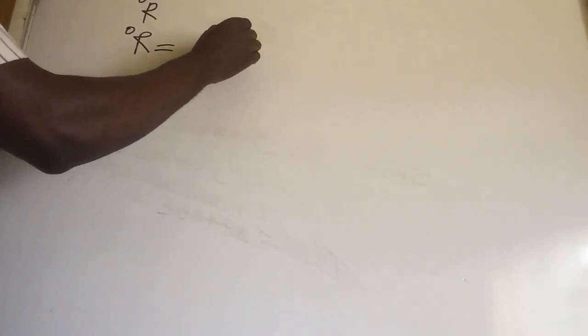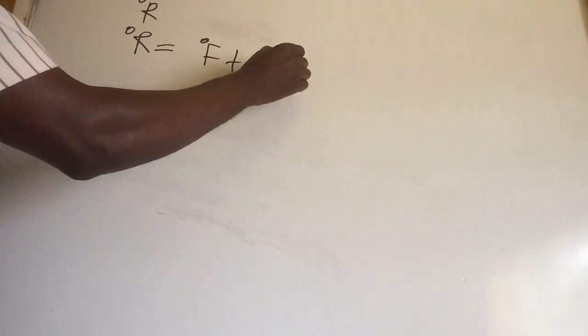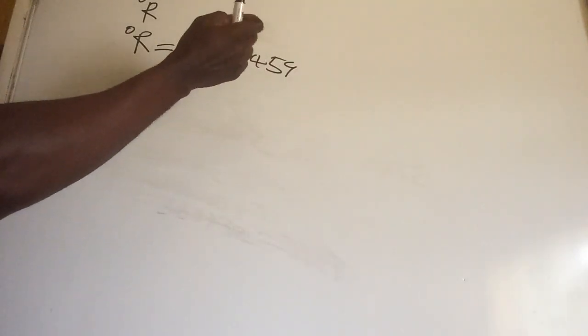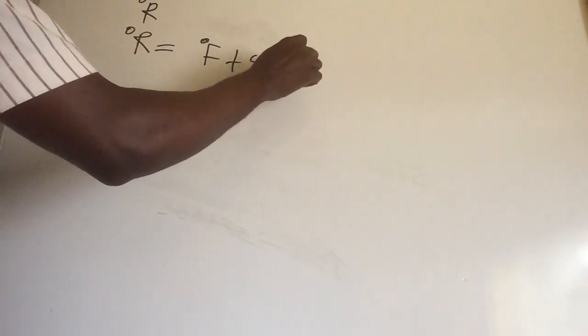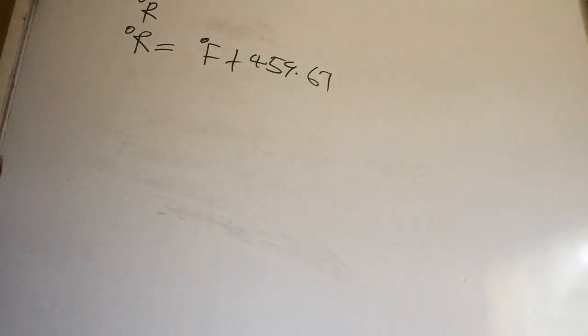We move to the relationship between Rankine and Fahrenheit. Degree Rankine is equal to Fahrenheit plus 459.67.